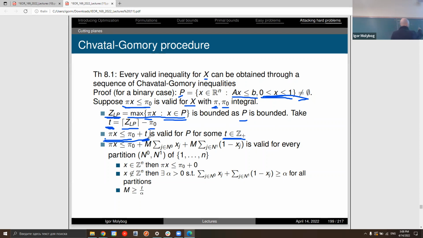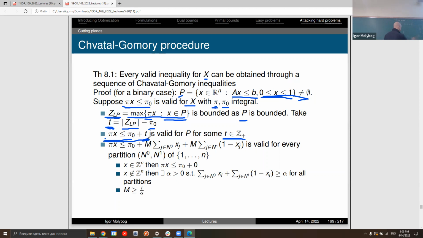And this thing here defines some polyhedron P of this form, for example, that consists of linear hyperplanes, and it only defines P, and the set X is the intersection of P with the set of integral vectors.